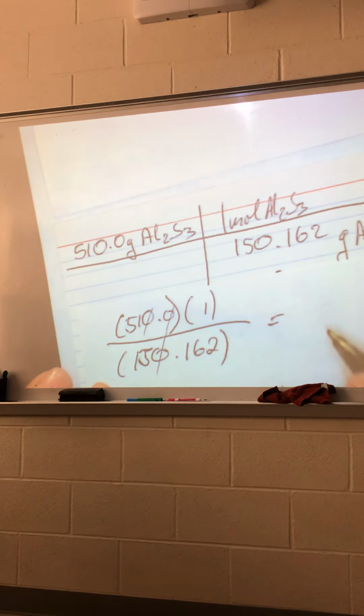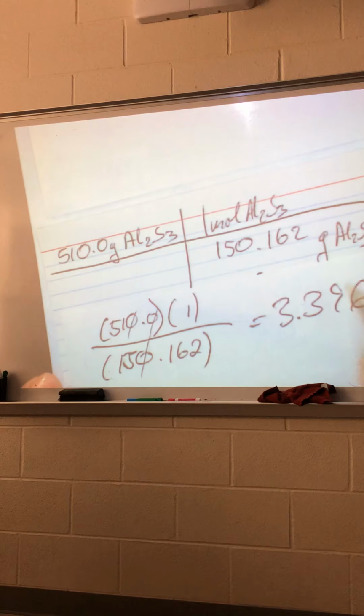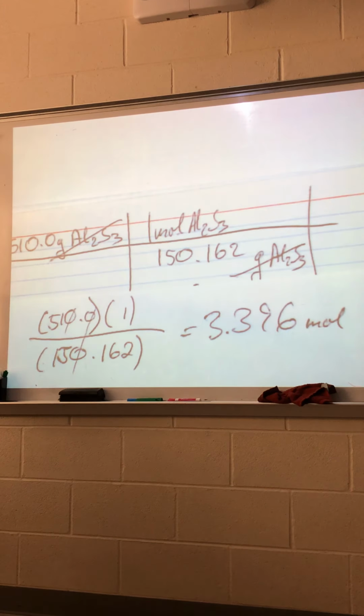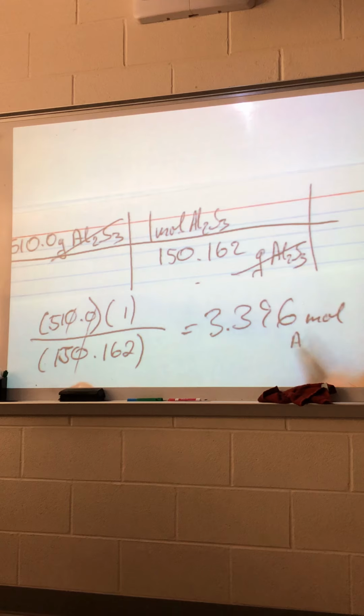What do you get? 3.396. That's right, and my answer will be in moles. 3.396 moles of Al2S3.